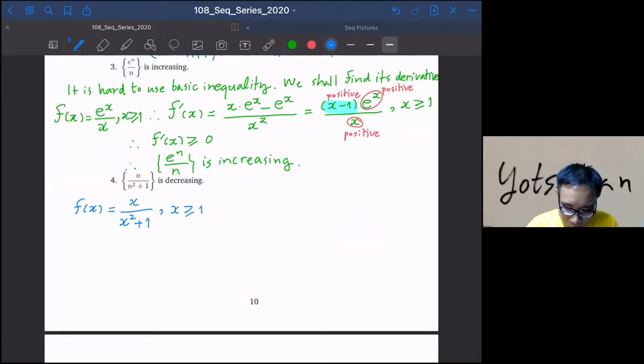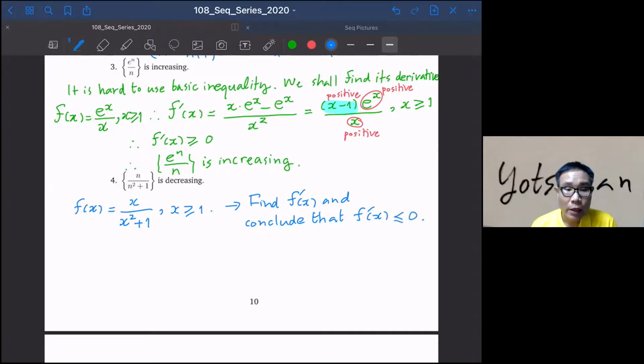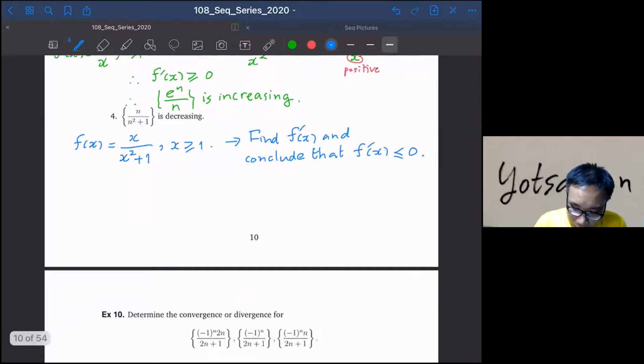You're going to find f prime of x, and conclude that f prime of x is negative. That will allow you to conclude that your sequence is decreasing.